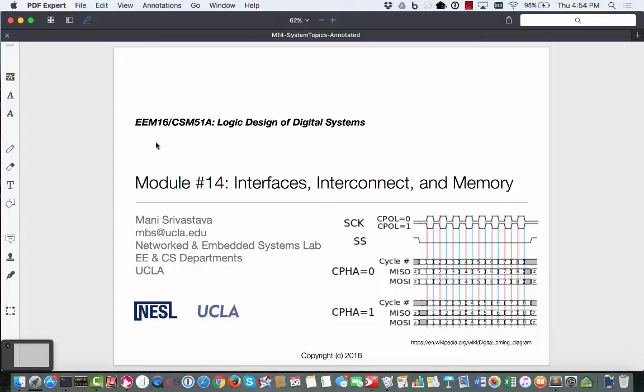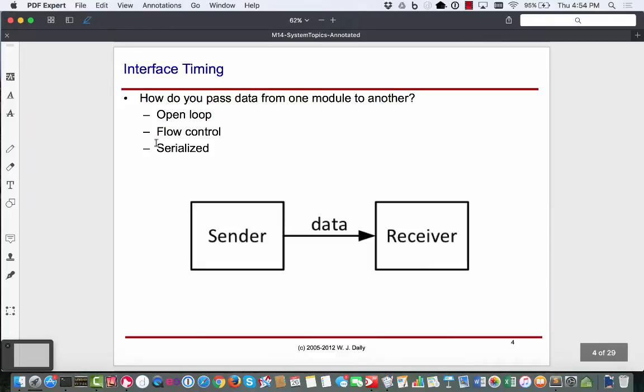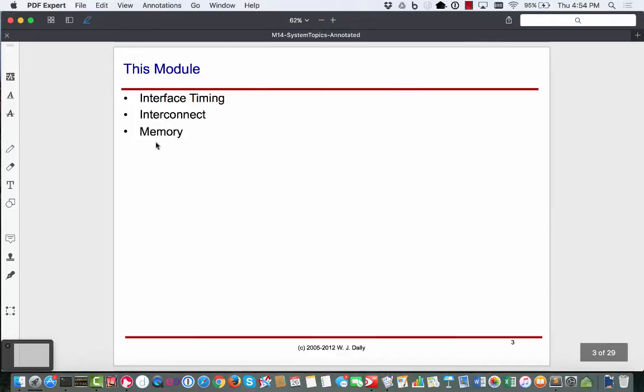For most of the course, our view was we were designing part of a chip, right at that low level, but these chips obviously sit in a more complicated system, and there are a bunch of issues that arise out of that. So I want to touch upon three topics: interface timing, that is what happens when we interact with the outside world, interconnect, and memory.